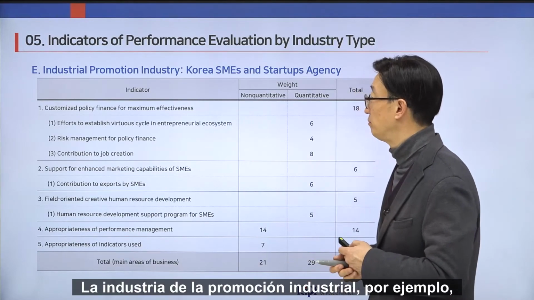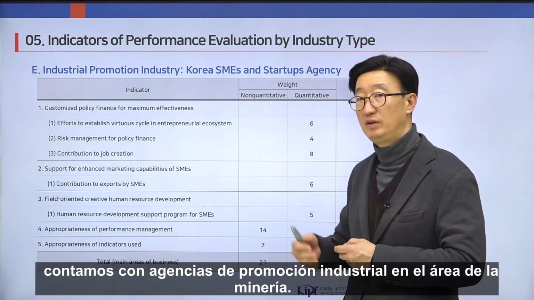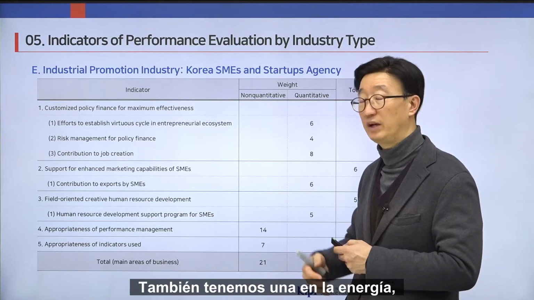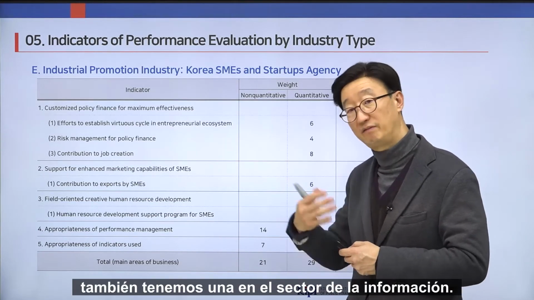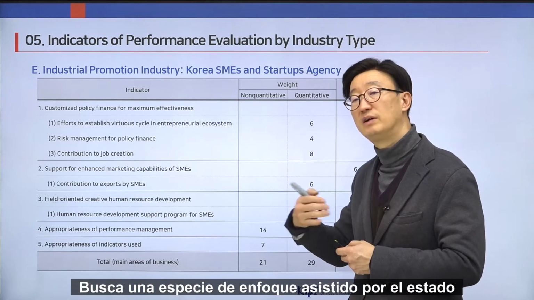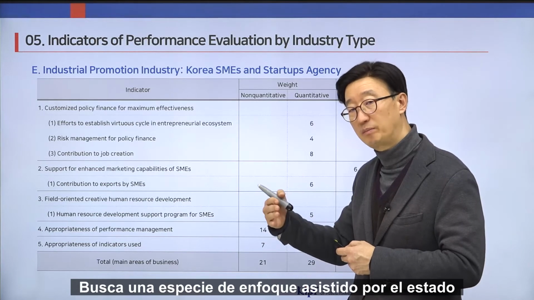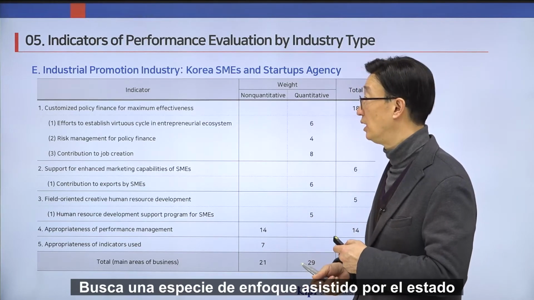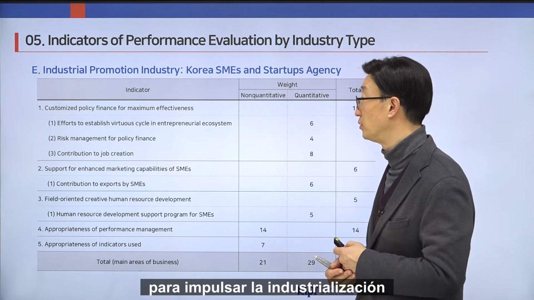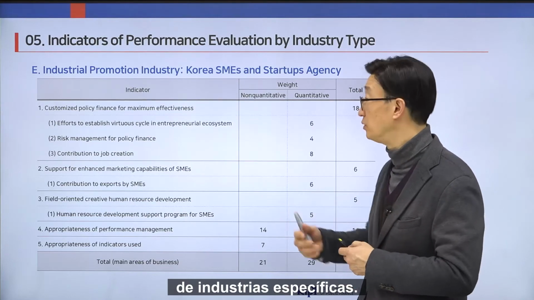Industrial promotion industry. For instance, we have industry promotion agencies in the area of mining. We also have one in the energy. We also have one in the information sector. It seeks to basically approach in a state-aided approach to jumpstart the industrialization of targeted industries.